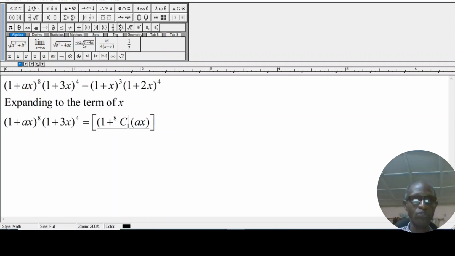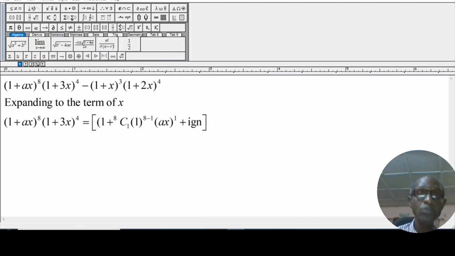I don't want to assume, I want you to see what is happening. So we have 1 raised to the power of 8 minus 1, and ax raised to the power of 1. Ignore the others for now.